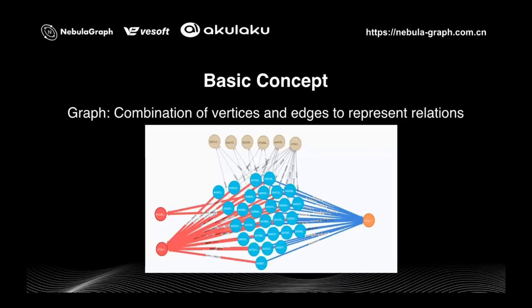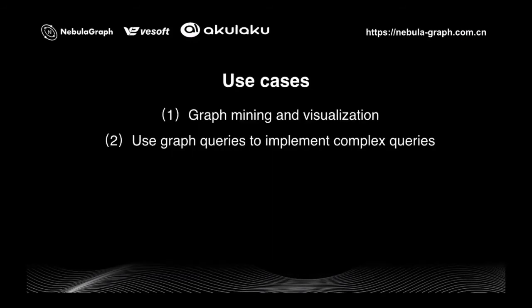In general, for the first use case, we use graphs for mining. Graph mining is a special case of data mining. Something special about graphs is that they are particularly useful for visualization, which is a very important part of our everyday usage.